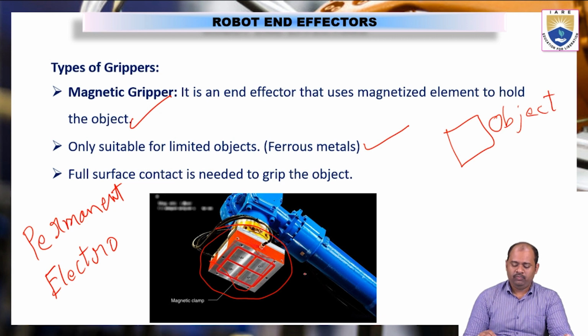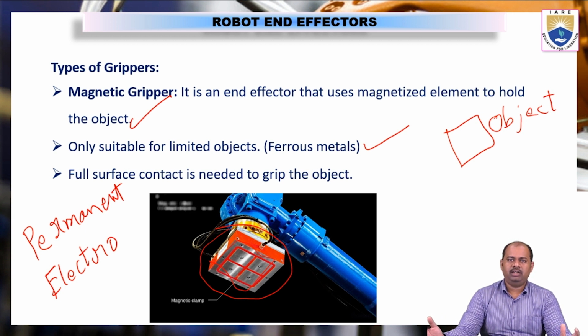That is, when I am using a permanent magnet, then what happens is this magnetic gripper, when it is moved towards the object, will hold the metal part. After holding the object, it can be moved from one place to another place.